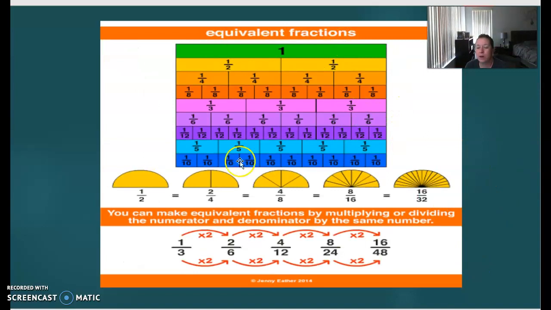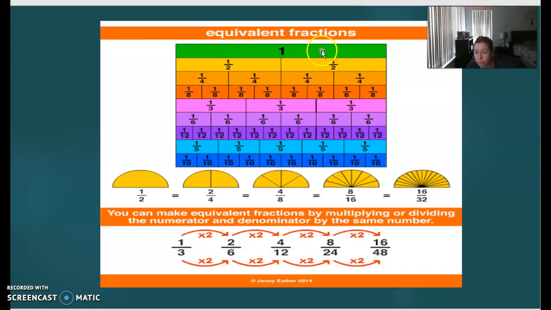Looking over here, this model, many of you probably used in 3rd grade, the fraction tiles. I really like this. I wanted to put this in here so that you could remember. Here's my one whole, and the bigger the denominator gets, the smaller the pieces get. Look at how small some of these pieces are. To get one whole with tenths, I need 10 pieces.